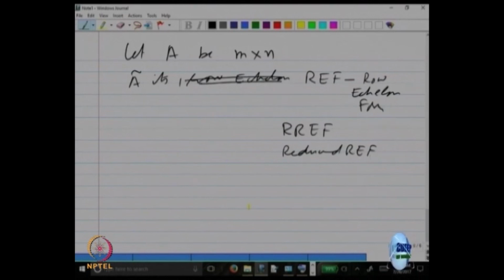Now R E F is already defined, so it is a new command. So let us look at A tilde to be the reduced row equivalent form.